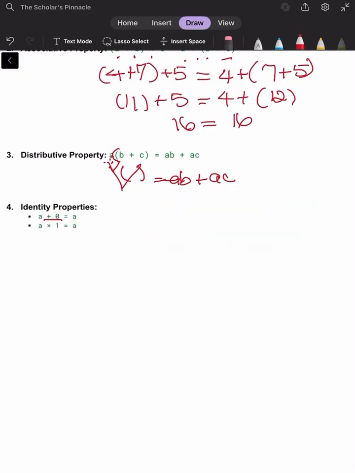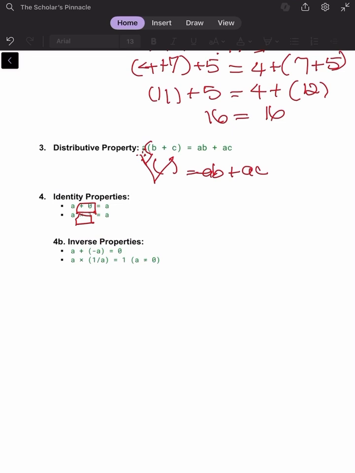This is an interesting one, identity properties. You have a plus 0 and a times 1. They both give you the same answer a. These are the identity properties as related to algebraic expressions. Under identity properties, we have inverse properties.